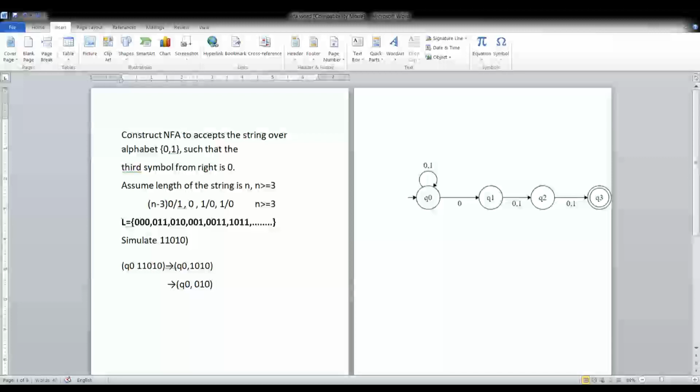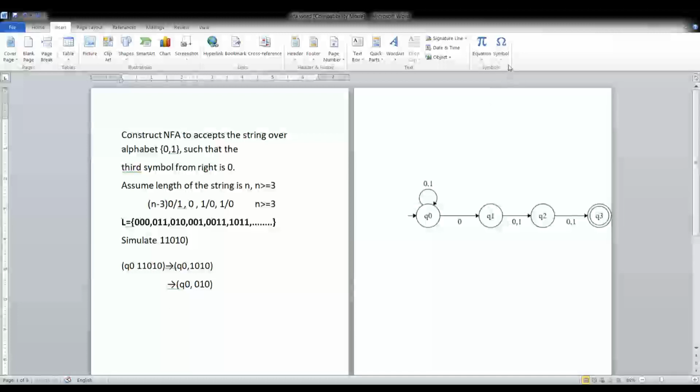Now we move to the next step. Again we insert the arrow, and now we have the transition on Q0 on input symbol 0. Here the machine should take the correct transition.